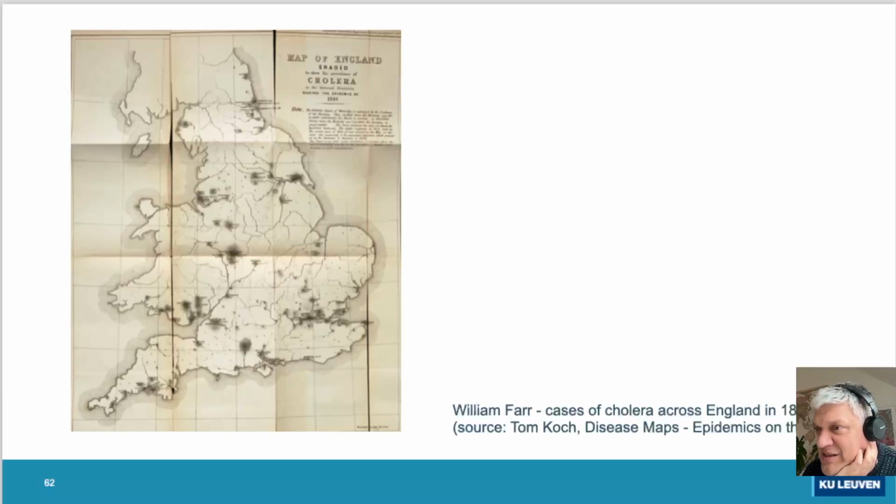Another example here is by William Farr. He's quite an important person in data visualization as well, looking at cases of cholera in England in the 1800s. But actually the next plot is linked to that as well, right?